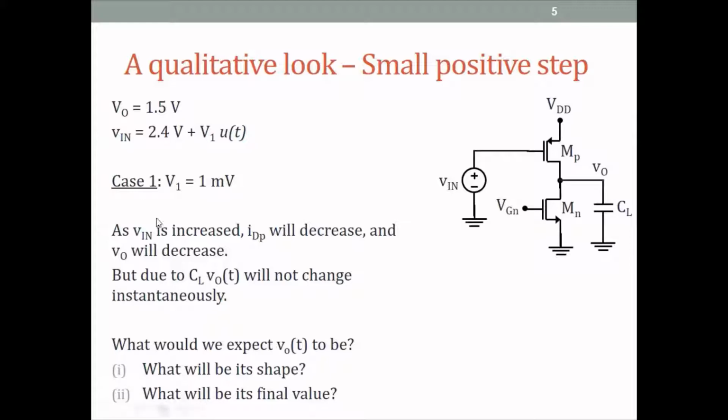The total Vin will be 2.401 volts. That slight increase in the gate voltage of the PMOS will cause a decrease in the drain current of the PMOS because the source gate voltage is smaller. If the drain current of the PMOS decreases, the total output voltage will also decrease.